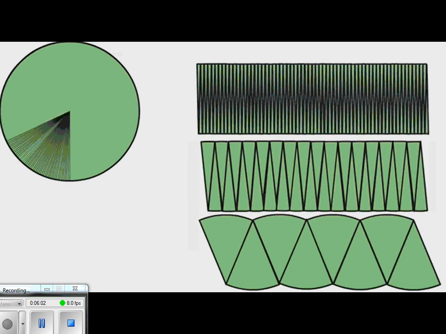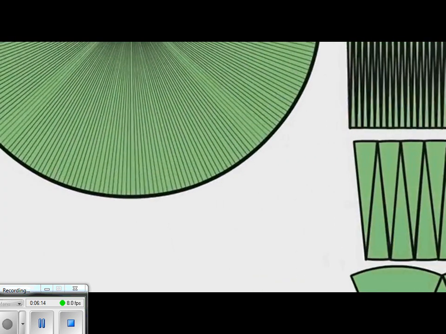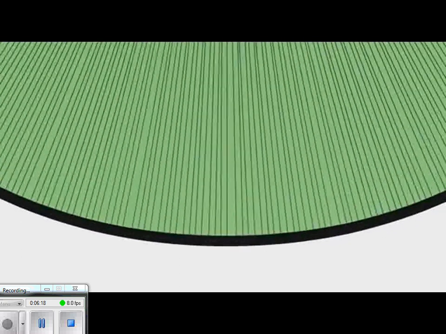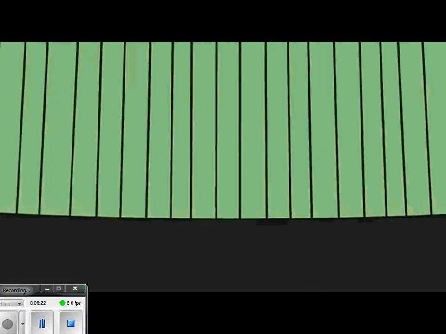So, how small must we divide a circle before we can get a perfect rectangle? Well, we can keep on dividing the circle into smaller, or the smallest pieces you can make.